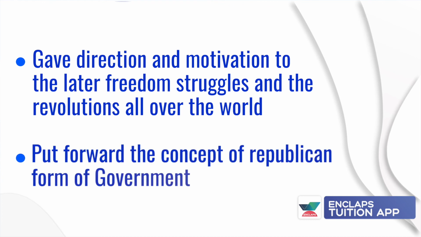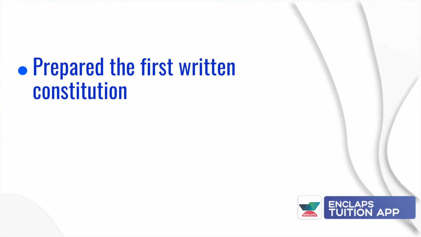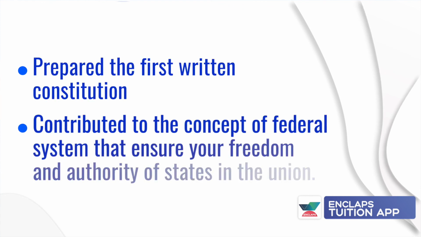It put forward the concept of republican form of government, prepared the first written constitution, and contributed to the concept of federal system that ensures freedom and authority of states in the union. Hope you understood about the American War of Independence, which greatly influenced the world.